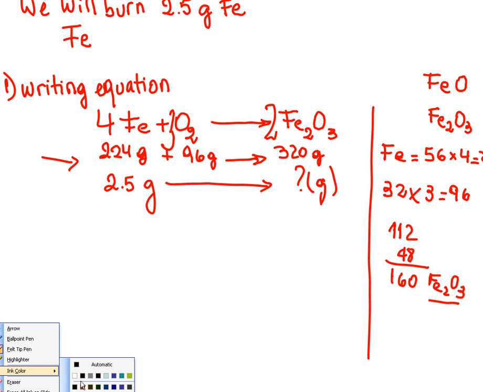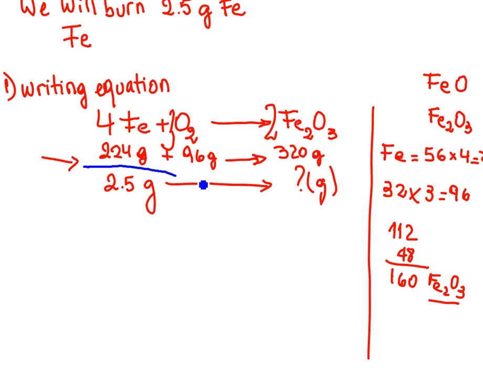I'm going to choose another color, and I put a line here, an equal sign, and a line here. And now let me show you, highlight. I have grams, I need grams. I have grams, I need grams. So that is my proportion. I don't need to do anything.